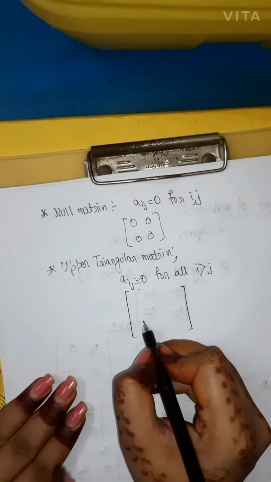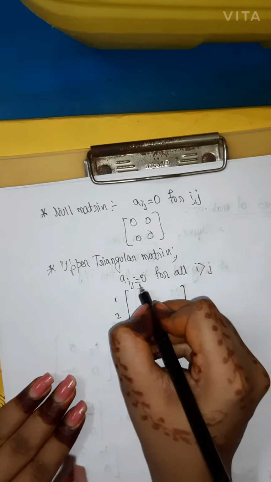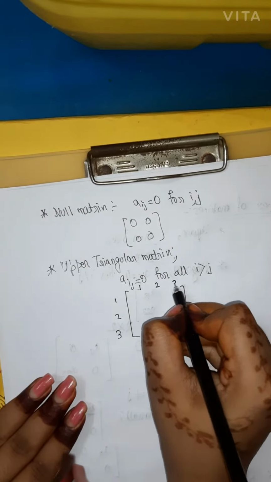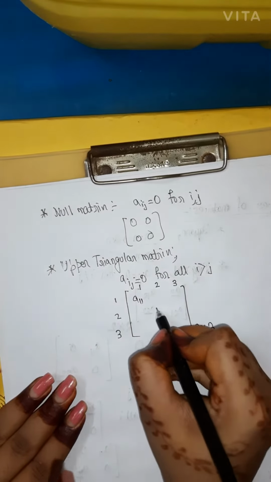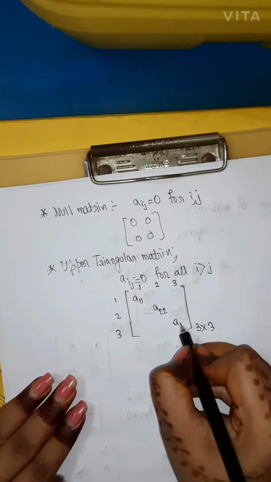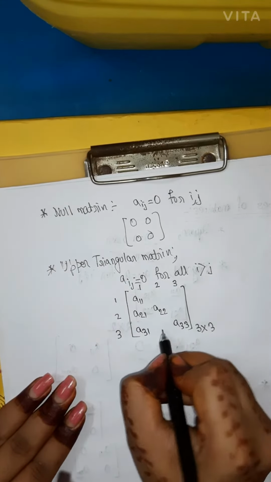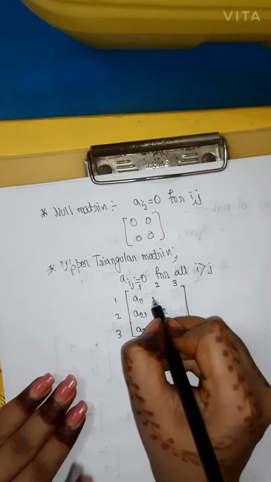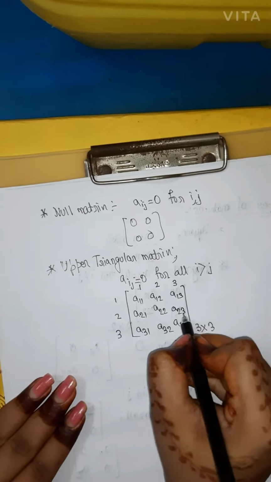Let us take a 3 by 3 matrix. So 1 2 3, this will be a11, a22, a33, and this will be a21, a31, a32, a12, a13 and a23.